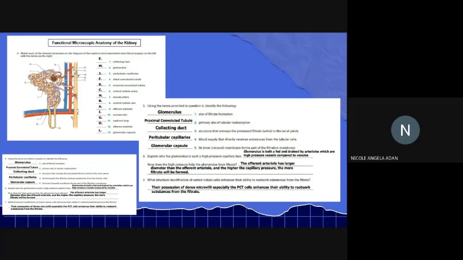So first, from the renal artery, it goes to the segmental arteries, then to the interlobar arteries, then arcuate arteries, then interlobular arteries, afferent arterioles, glomerular capillaries, peritubular capillaries or vasa recta, to the interlobular veins, to the arcuate veins, interlobar veins, segmental veins, and lastly through the renal vein.